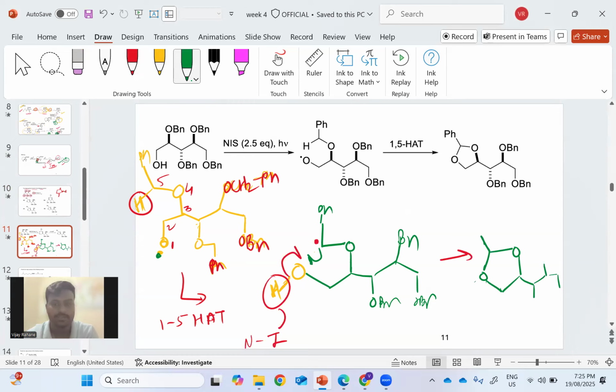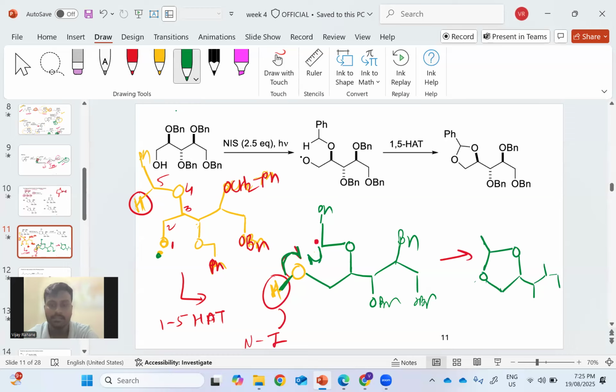So this hydrogen, this bond, what happens with this one? This bond was broken homolytically. I have shown this half-headed arrow, which means transfer of only one electron.